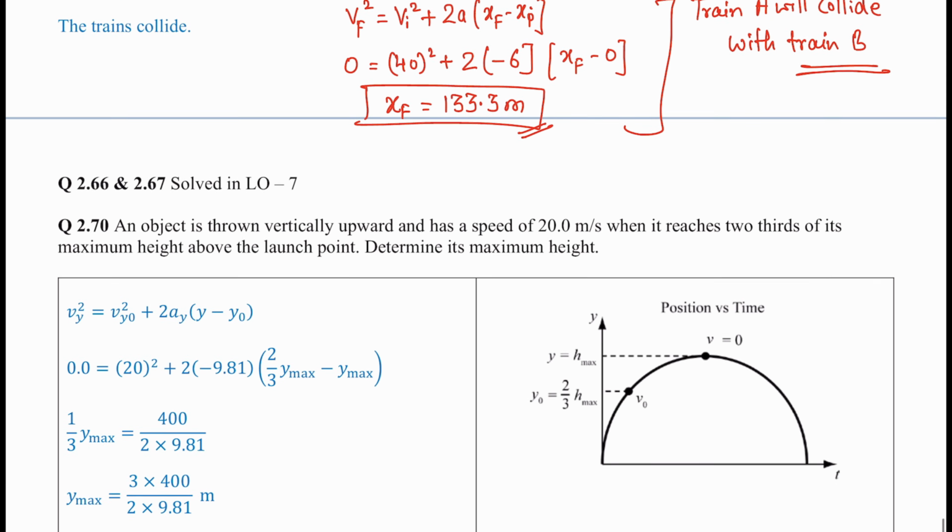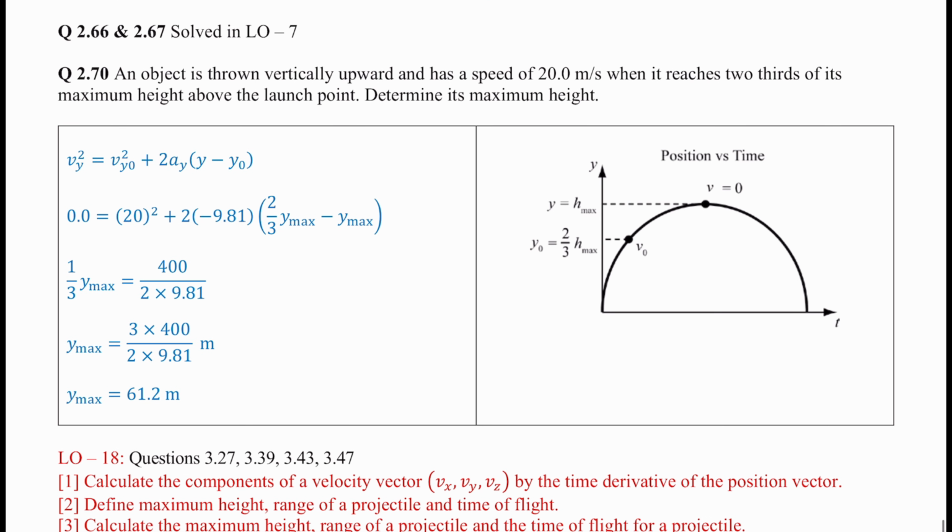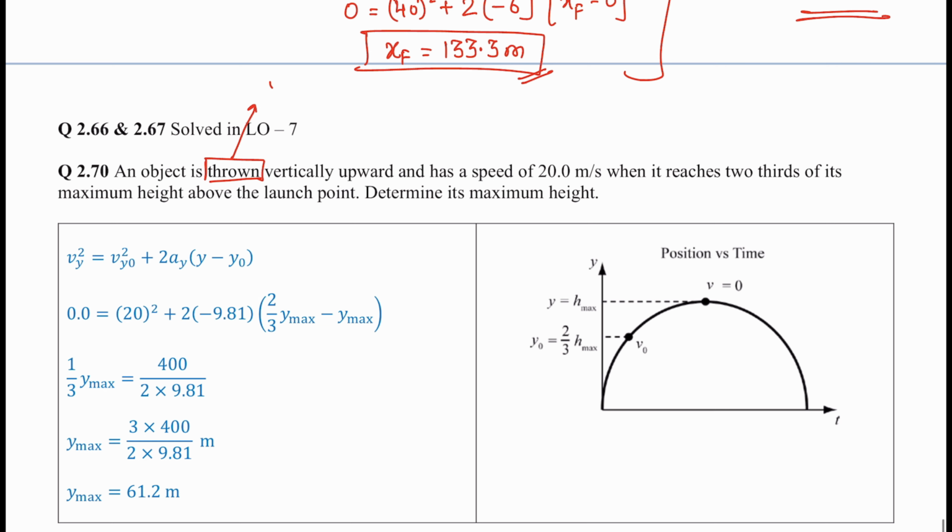Okay, next question. An object is thrown vertically upward. Okay, first, thrown means there is an initial velocity, initial velocity not equal to 0. Vertically upward means acceleration is equal to negative g. Initial speed is given, I told you, so v naught is equal to 20 meter per second.